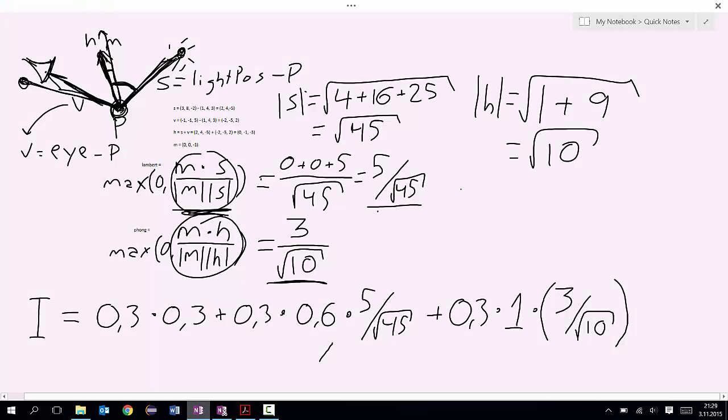And shininess is 10 here, so this to the power of 10.